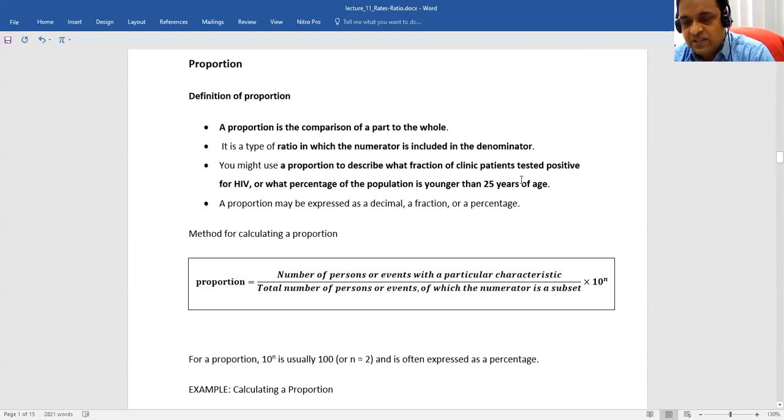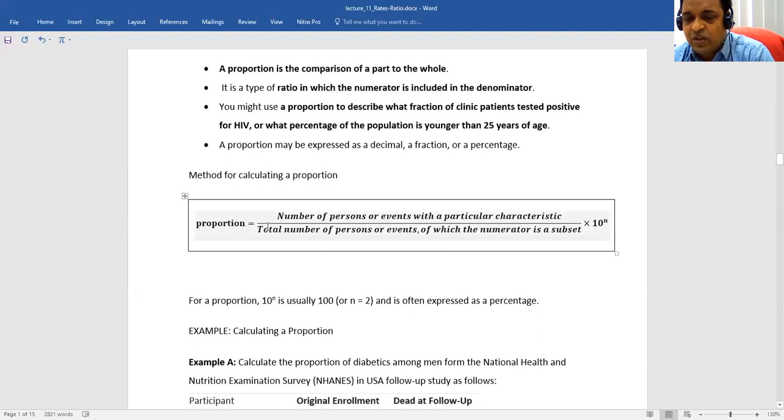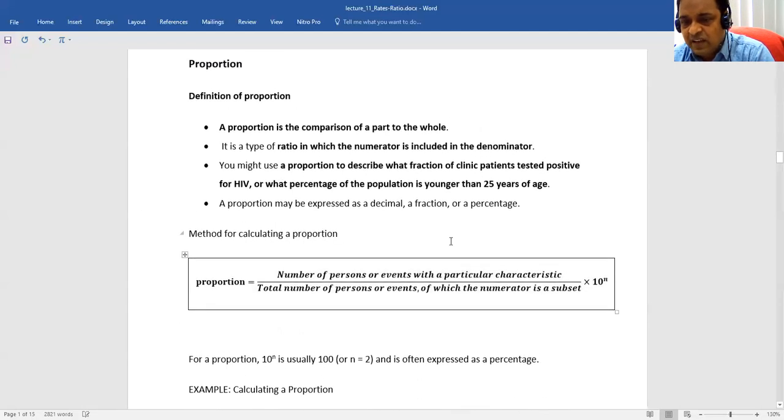So a proportion is one kind of ratio, but it is a part of the whole. The formula is the number of persons or events with a particular characteristic over the total number of persons or events in that population. You can multiply by 100,000. A proportion is the percentage of that part in the whole population.